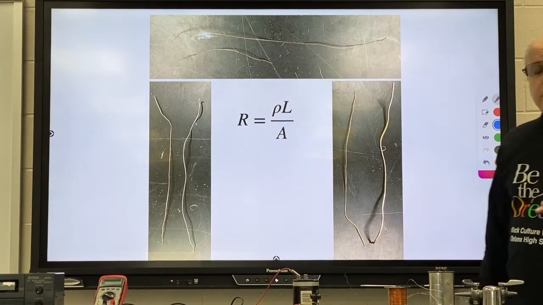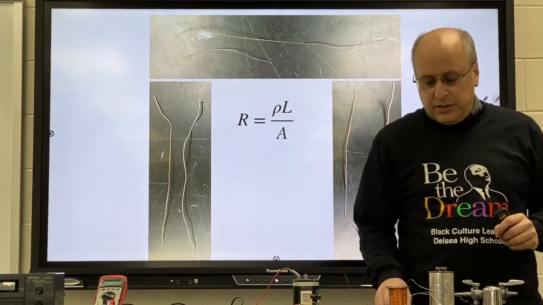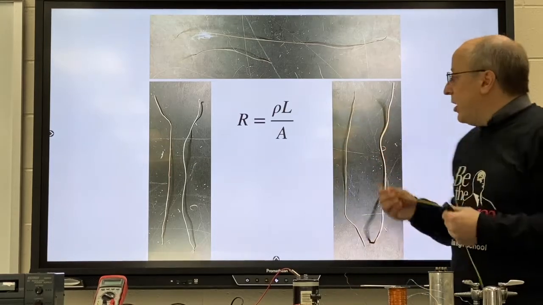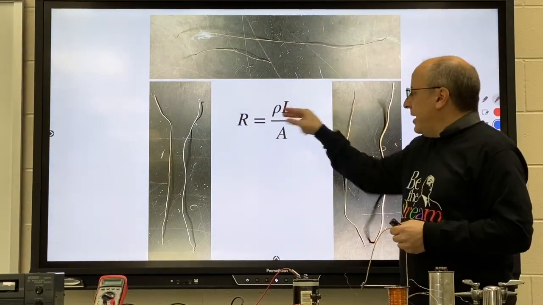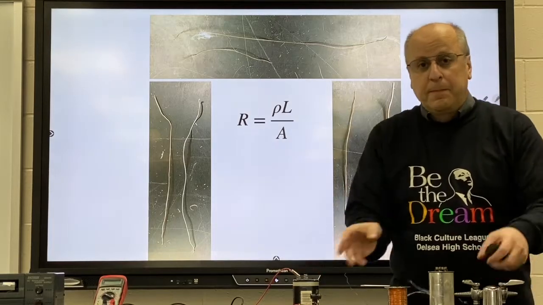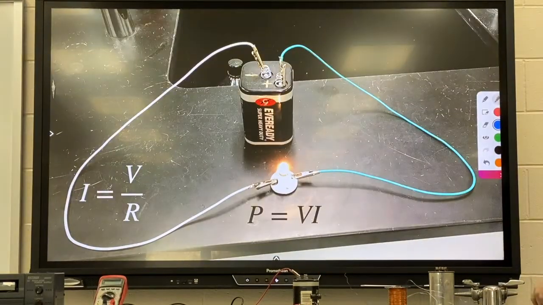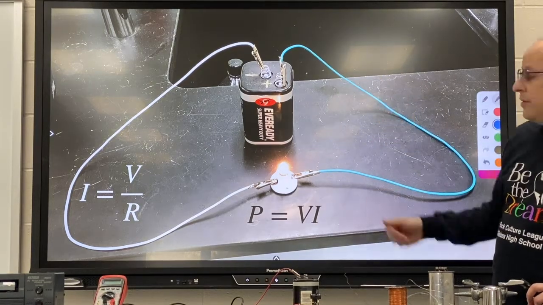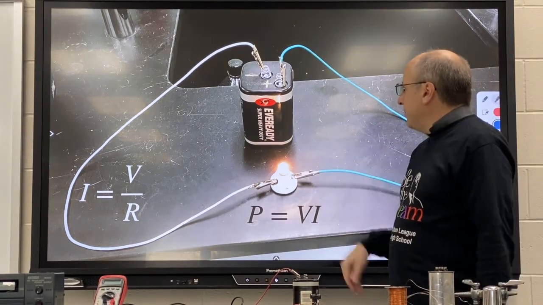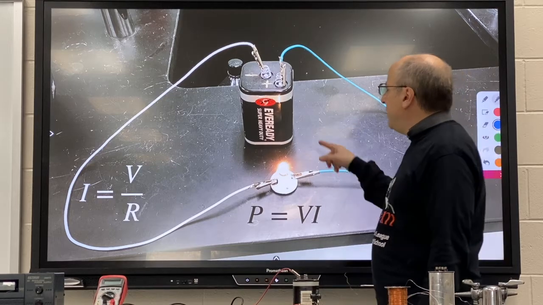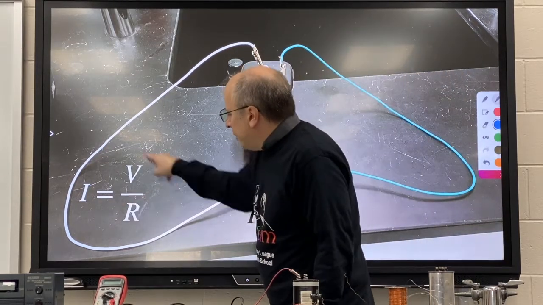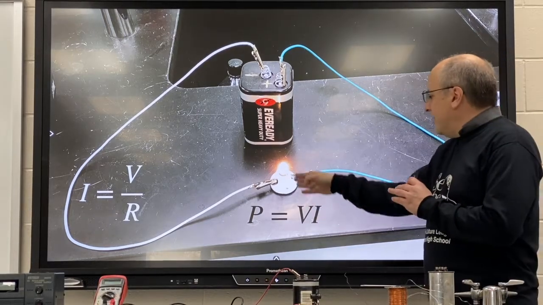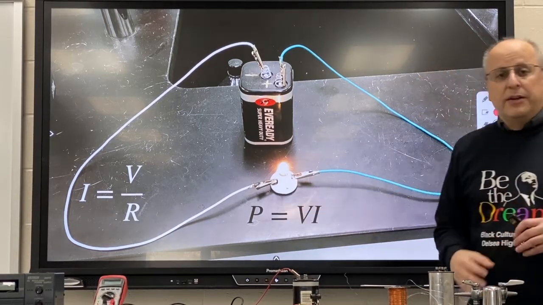Remember, the fourth important term is resistance, the resistance of a wire or other object. The factors are the length, the area, and the type of material. When we combine them together, resistance of the wire, voltage of the light bulb, current flowing through would be I equals V over R, and the power is voltage times current.